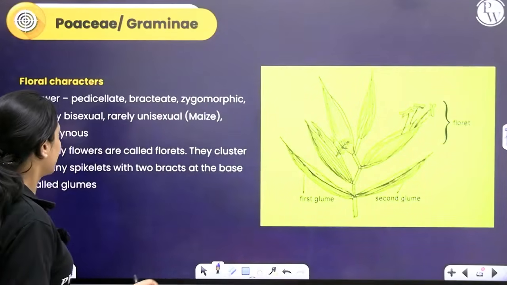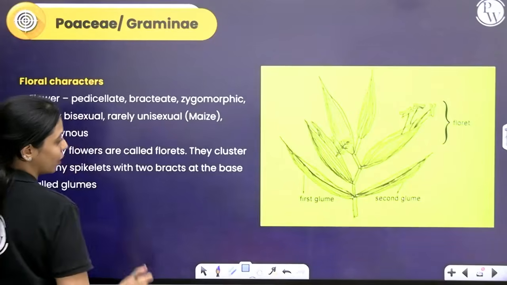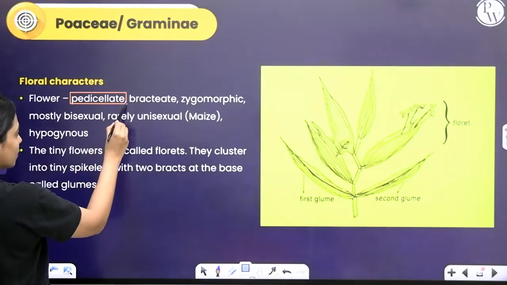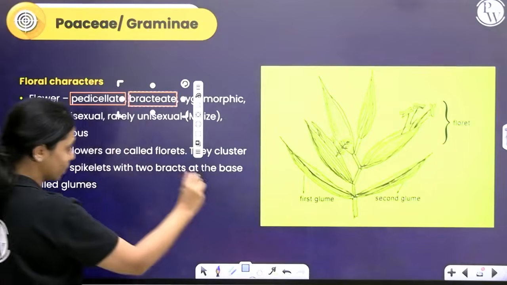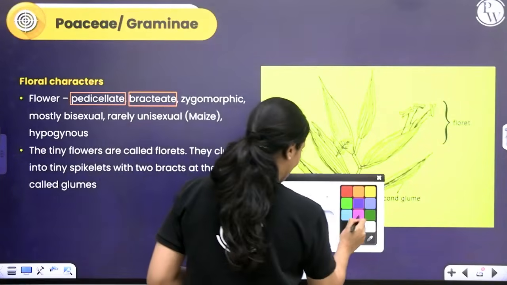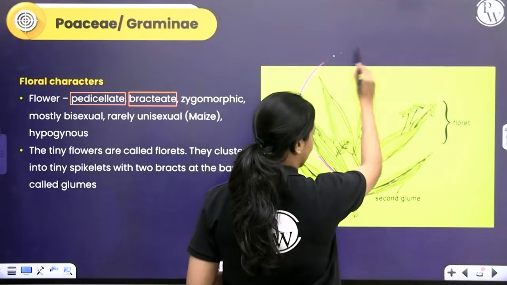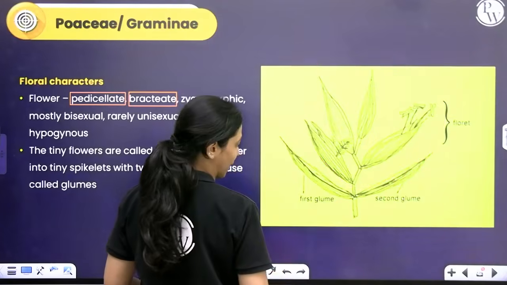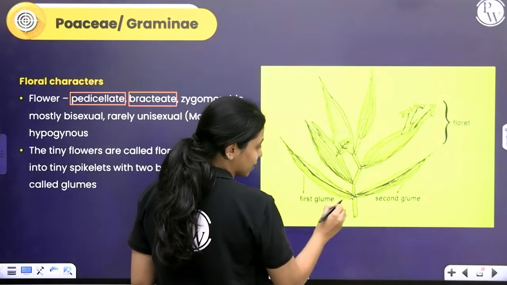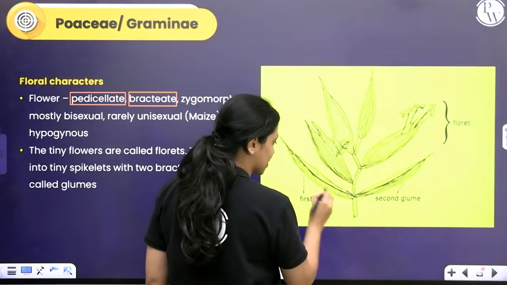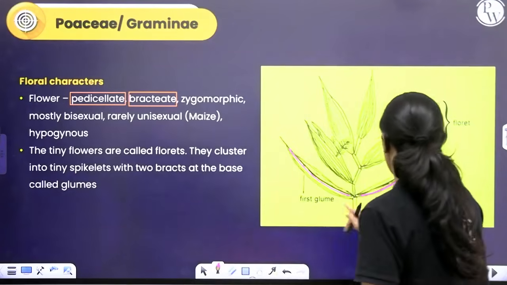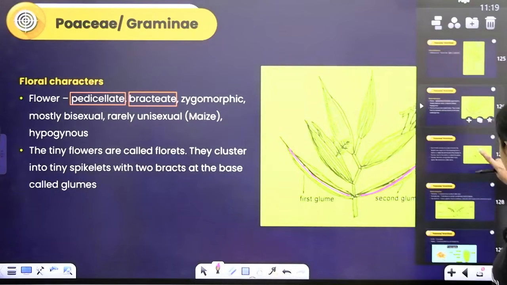The flowers here do have a pedicel. They will have bracts. Bracts are of so many different types, I'll tell you. So this whole thing is one spikelet. This whole spikelet will have two bracts. This is one bract, this is one bract. These bracts will be unequal in size.